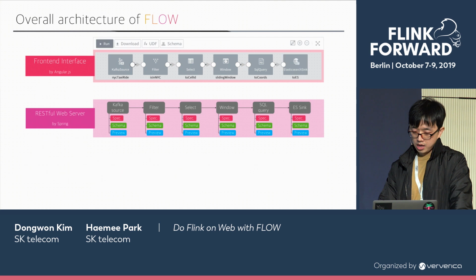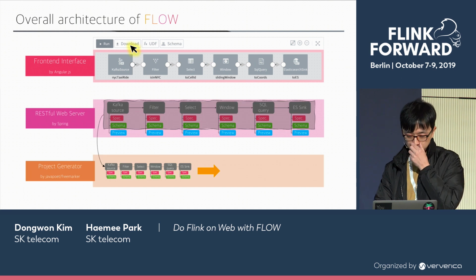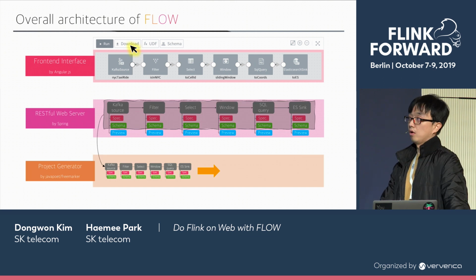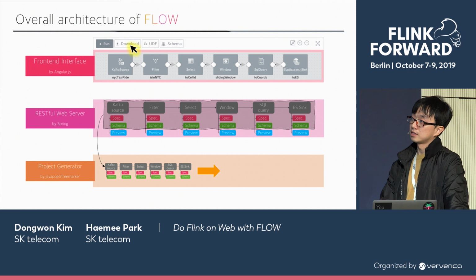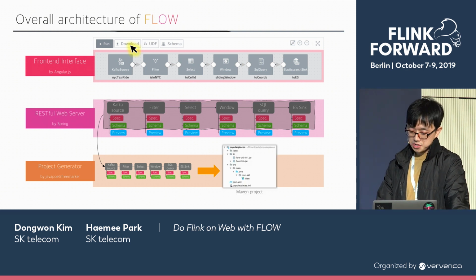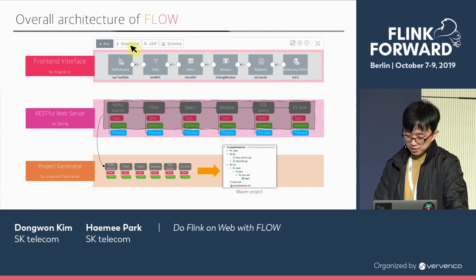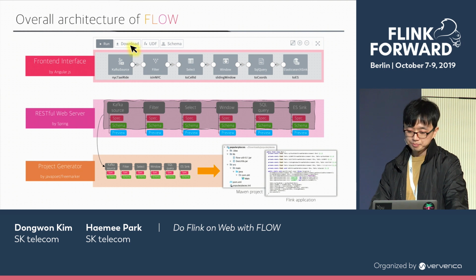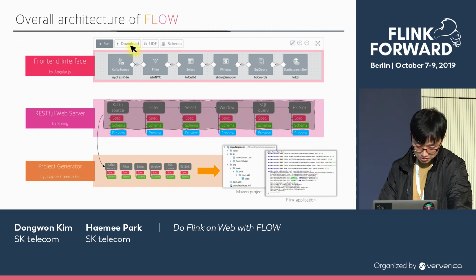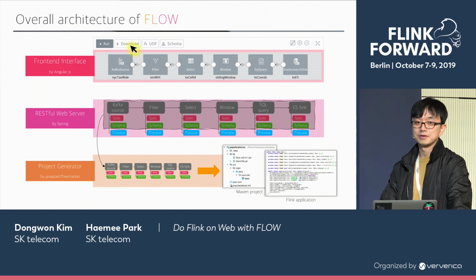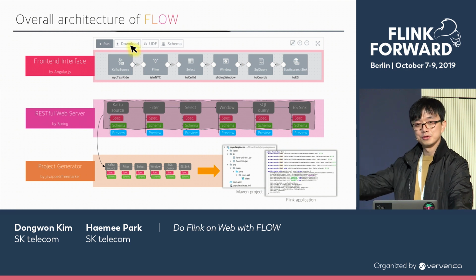And when you complete the pipeline, and when you click on the download button, then Flow sends all operators' spec and schema down to the project generator. Then you will have, as Haemee showed you guys, a Maven project and a Flink application. And for this particular functionality, we use JavaPoet and FreeMarker here to generate this Java code and Maven project.